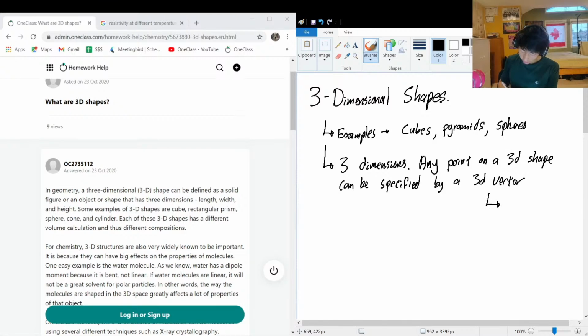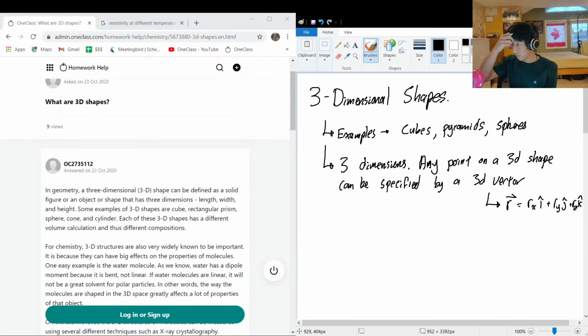So perhaps we have an R vector to specify the position relative to an origin. We're going to have Rx in the I direction plus Ry in the J direction plus Rz in the K direction.